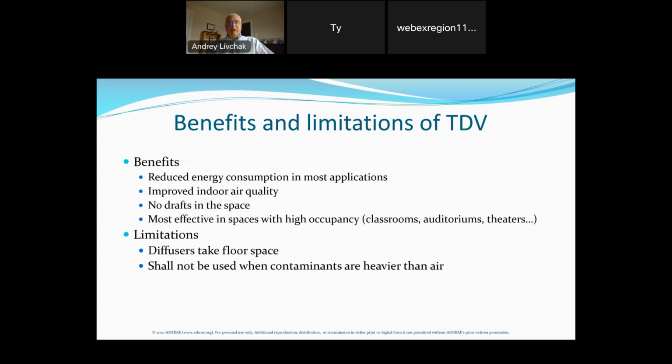And displacement ventilation should not be used when contaminants are heavier than air, because contaminants heavier than air would not stratify. For example, parking garages with some particulate from car exhaust would be a bad application for displacement ventilation.